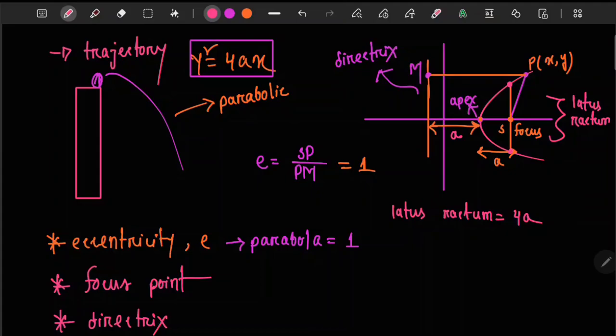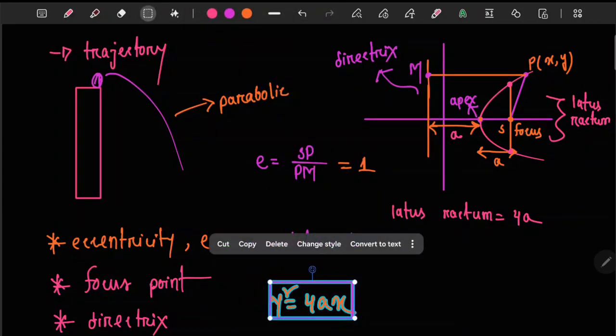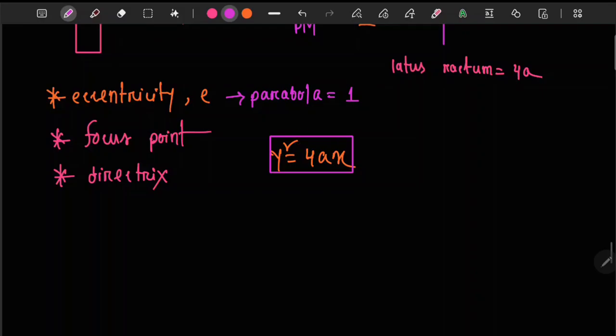There are many more things to explore here. For example, what if it's not a standard parabola? What if the apex point is not the Cartesian center? So it would vary. That's why I put this equation aside, because this equation is true when apex is equal to 0, 0.